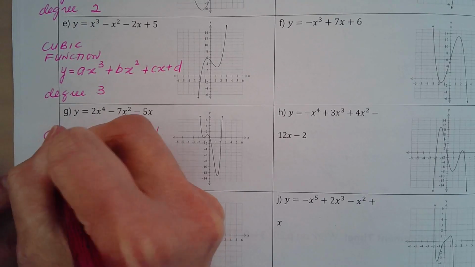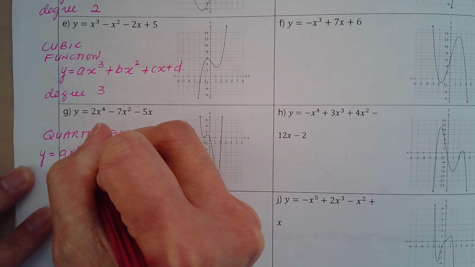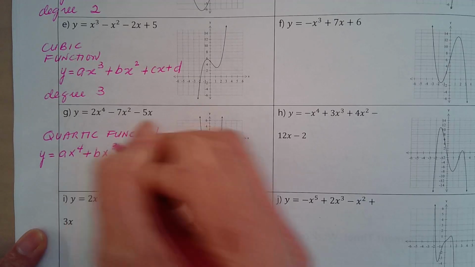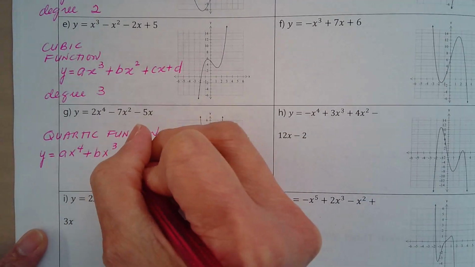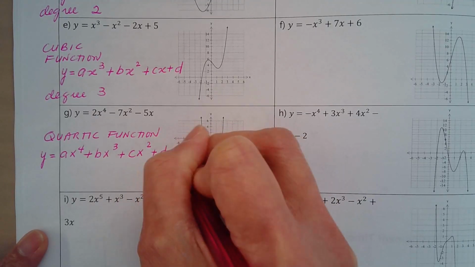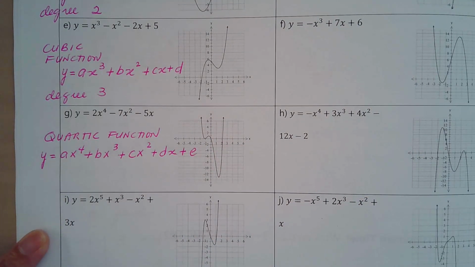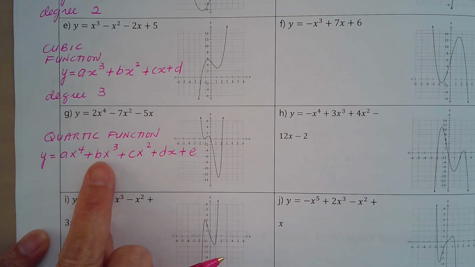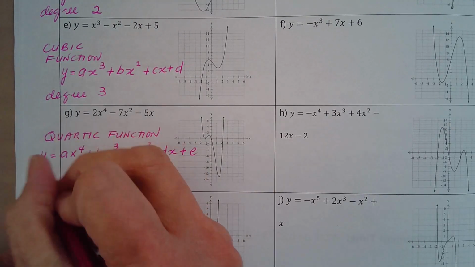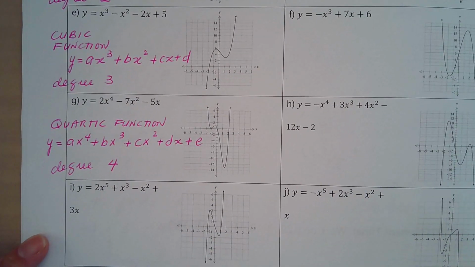It's y equals ax to the 4th plus bx cubed, the exponent goes down, plus cx squared plus dx plus e. We're trying to fill in the coefficients there, a, b, c, d, and then a constant e. And what's the degree here? Degree is 4. 4th degree.